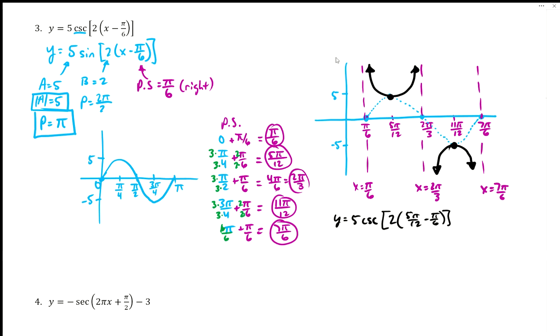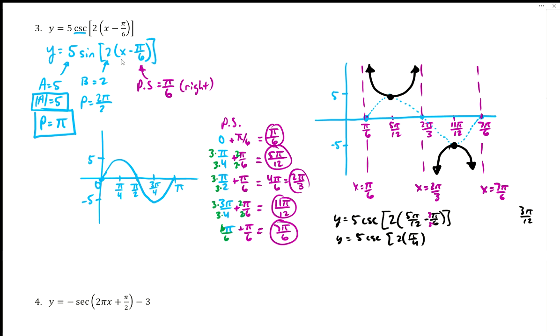We would need to get a common denominator, so we multiply that by 2 over 2. And so 5 pi minus 2 pi is 3 pi over 12. Here's my scratch work. 3 pi over 12 would be pi over 4. So that simplifies to 5 cosecant of 2 times pi over 4.